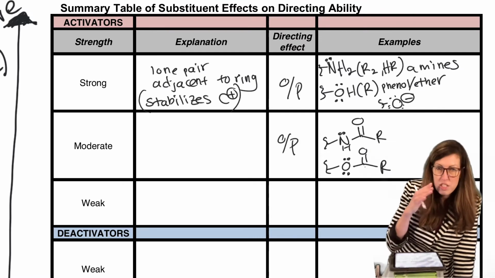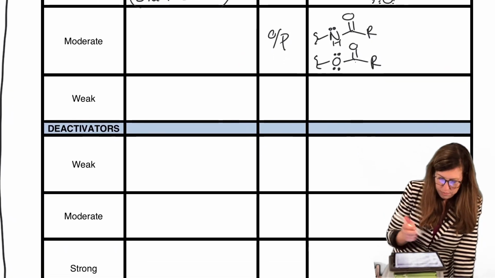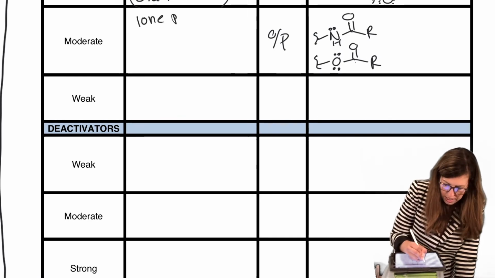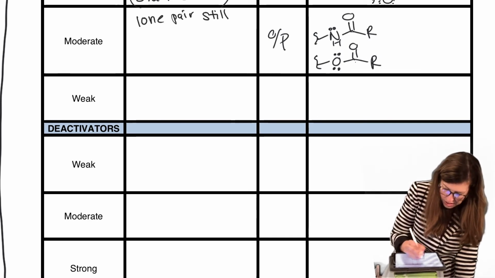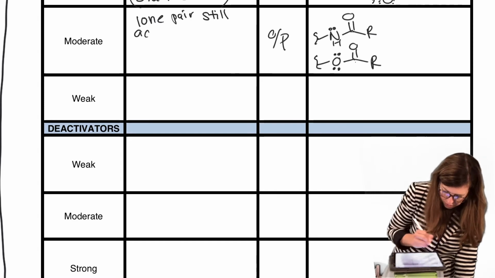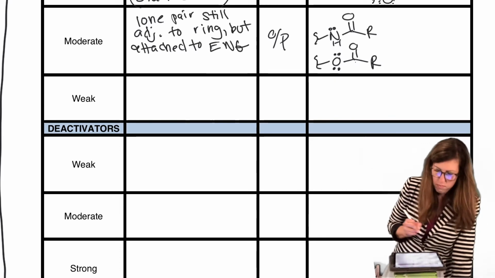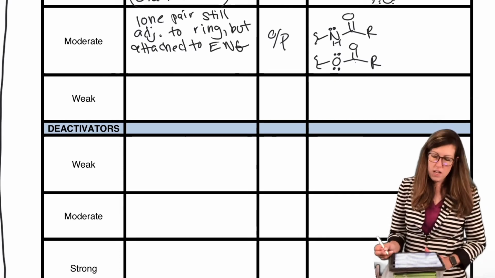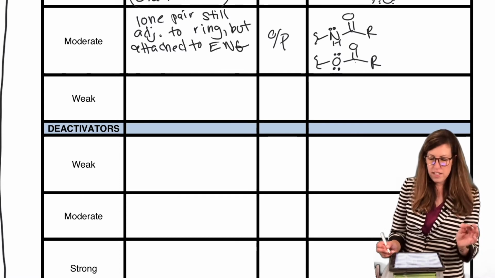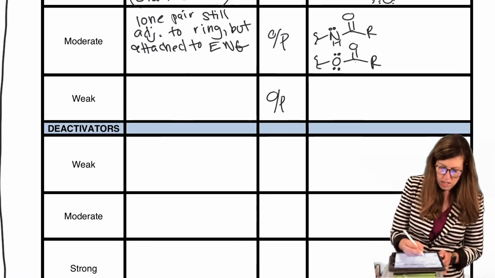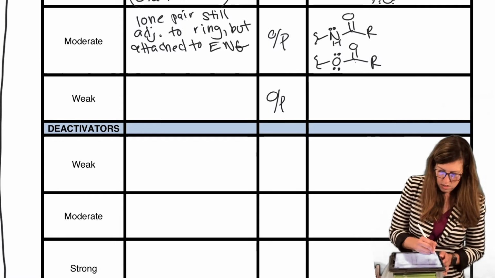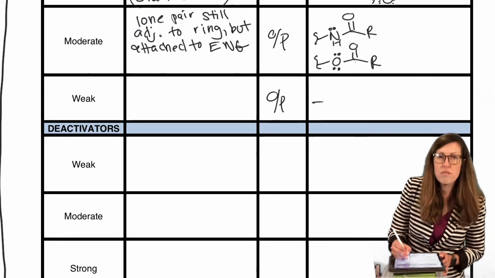So I'll write that explanation: lone pair still adjacent to ring, but attached to EWG. Okay, now still an activator, still an ortho-para director.